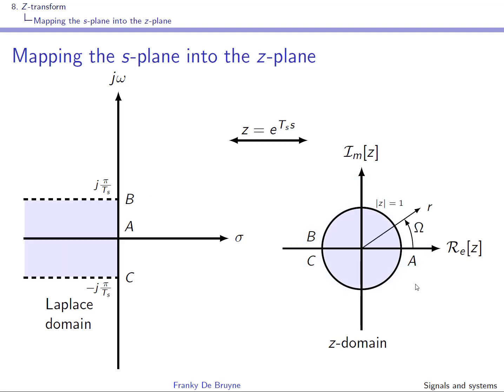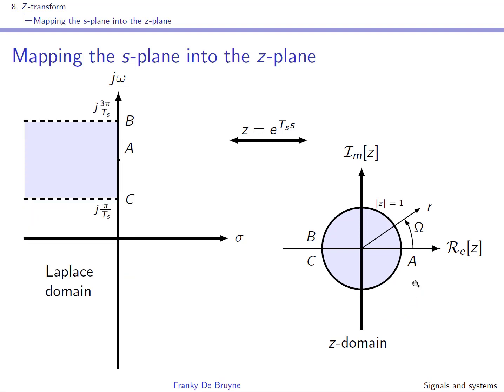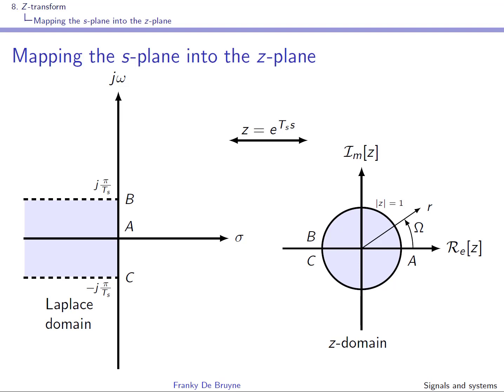We have seen that all these half strips to the left of the j omega axis are all mapped to the inside of the unit circle. We have also seen that this portion of the j omega axis, going from minus pi over ts to pi over ts, is mapped on the unit circle.